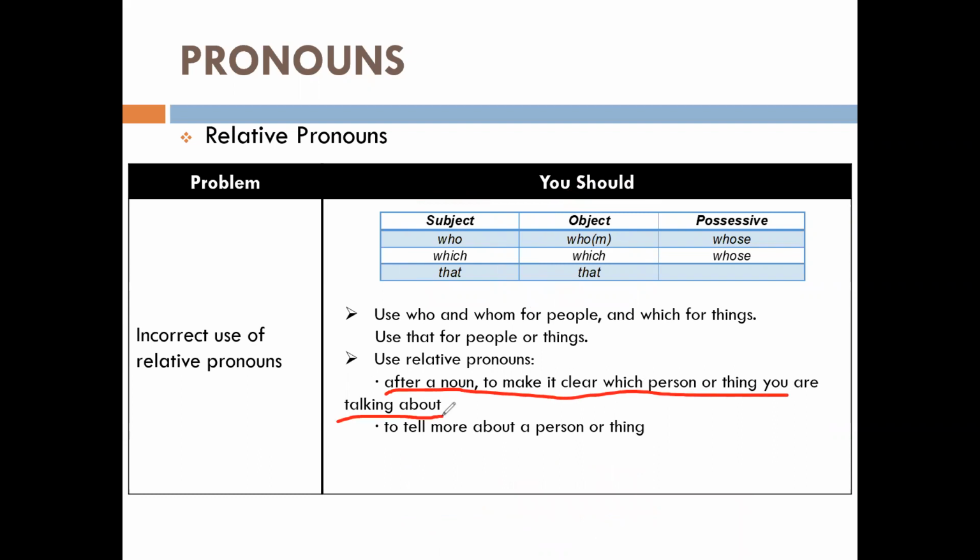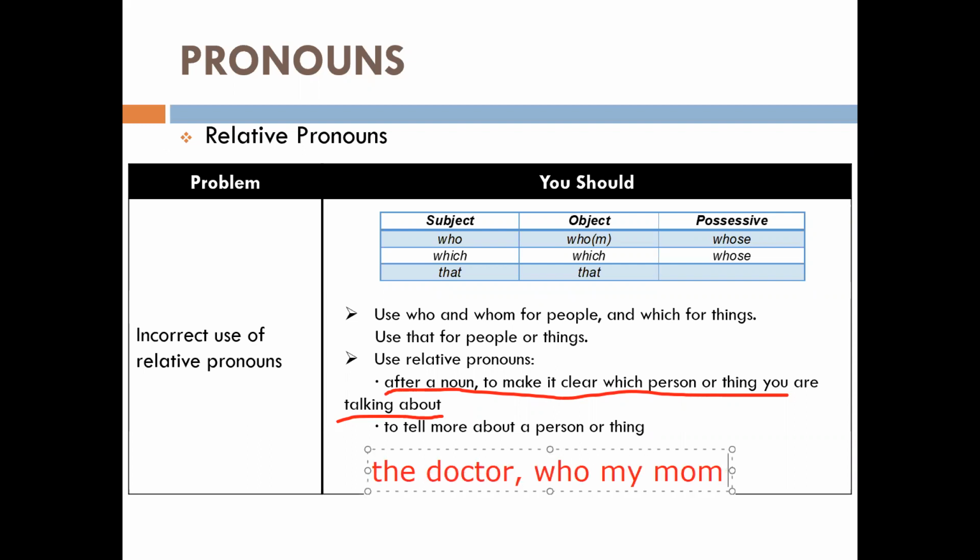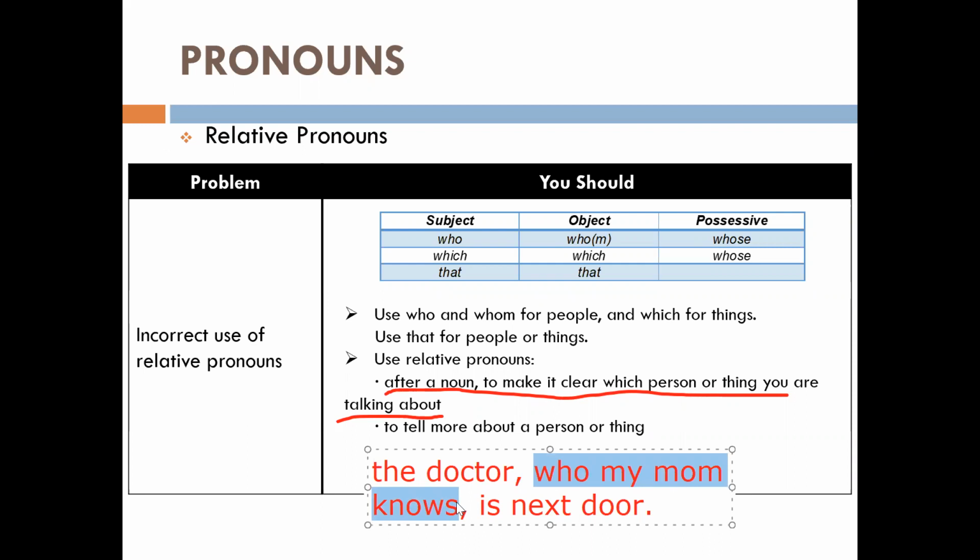Let's say, my doctor, okay, or the doctor who my mom knows is next door. So I am telling you that the doctor is not just any other doctor, but this is a doctor that my mom personally knows.